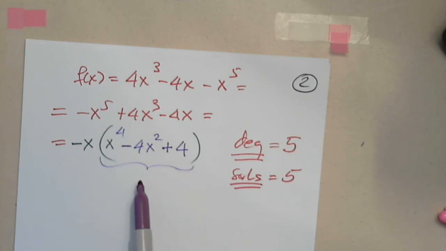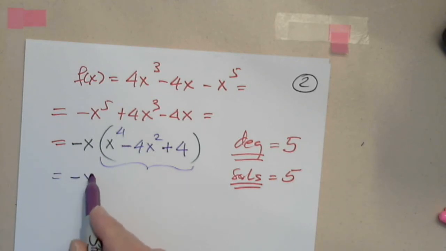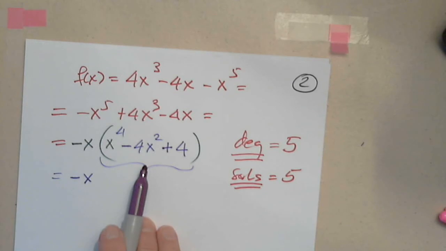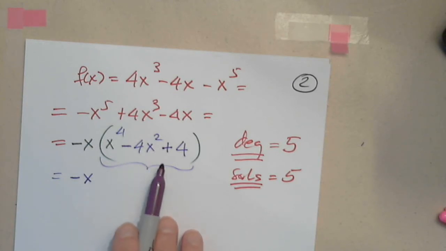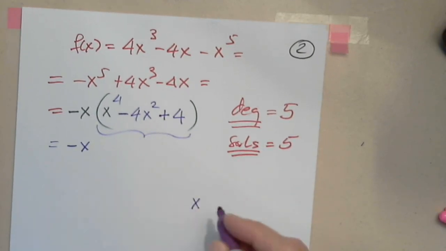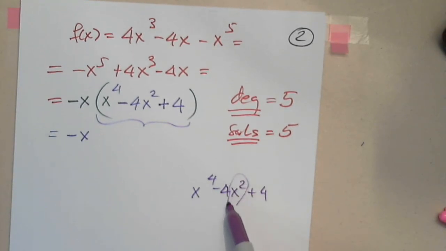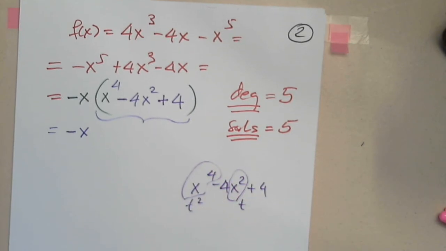Remember, you can use a substitution for this, or you can factor it. So if we use a substitution as we did before, let's do that. And then I can show you how to write it in one step. Then I will denote this by t, and I will denote this by t squared, right?